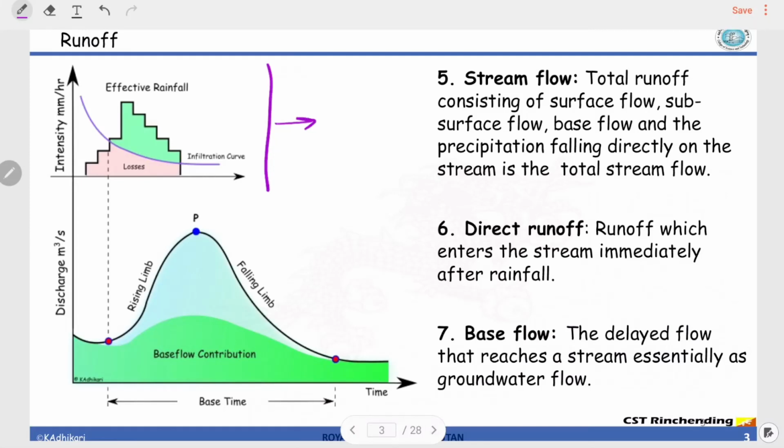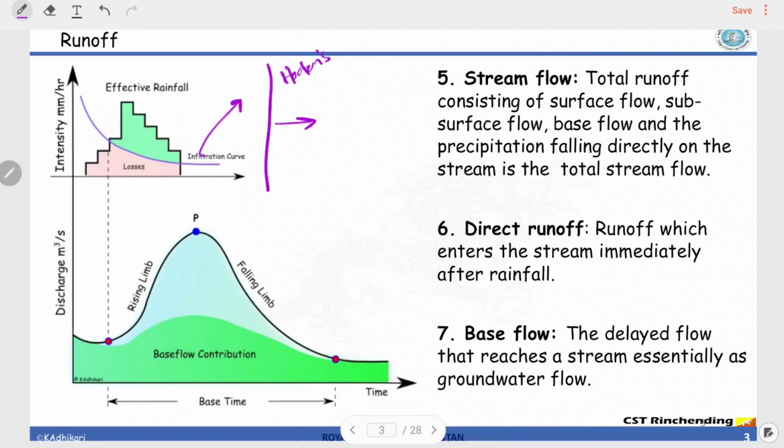As soon as there's a rainfall, there are losses, and these losses can be modeled with some infiltration curve. We have studied that we have Horton's curve, Kostiakov curve, and Philip's curve. These are the models to model the infiltration.